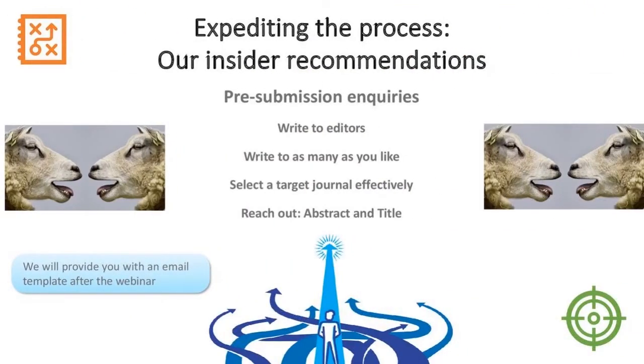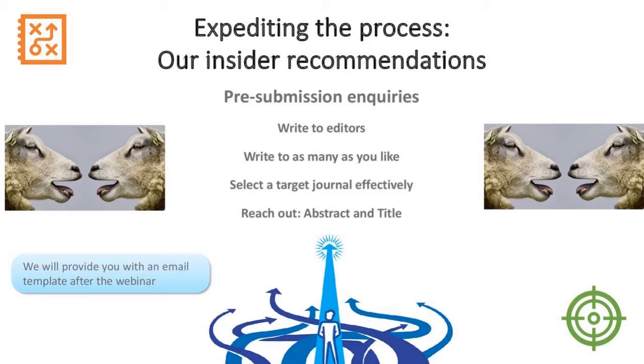So communicate with editors, write to as many as you like. This will help you to select a target journal effectively. What you do is you reach out to editors with your abstract, with your title, and you ask them, would this be a paper that you'd consider suitable for publication in this particular outlet?